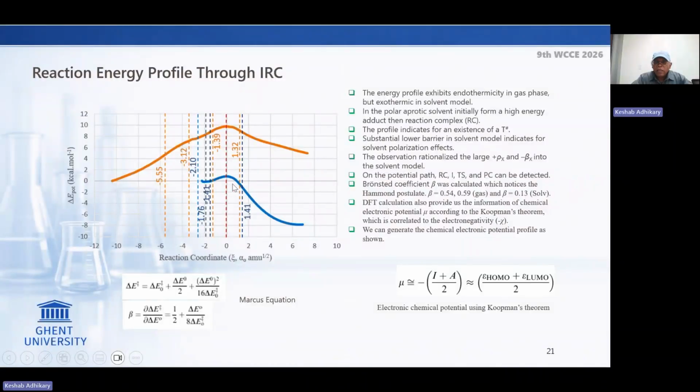You can also see that the energy barrier is much lower in the solvent phase and higher in the gas phase. In the gas phase it is an endergonic reaction, and in the solvent phase this is an exergonic reaction.